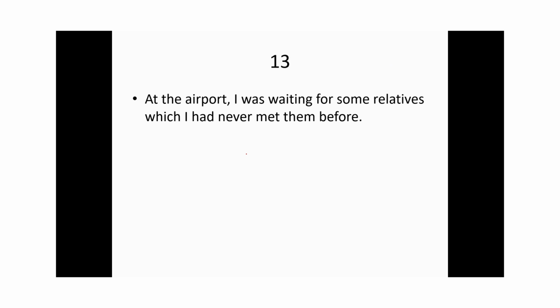At the airport, I was waiting for some relatives, which I had never met them before. 2 mistakes. First of all is which. I'm talking about relatives. So relatives are usually people. So we would use who here instead of which.